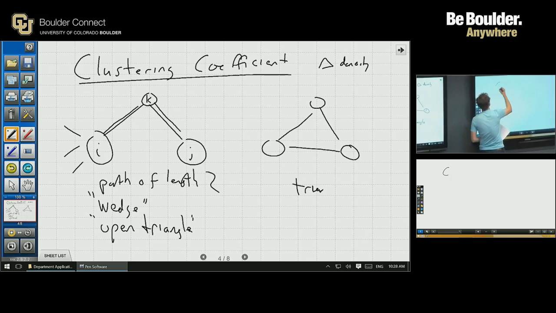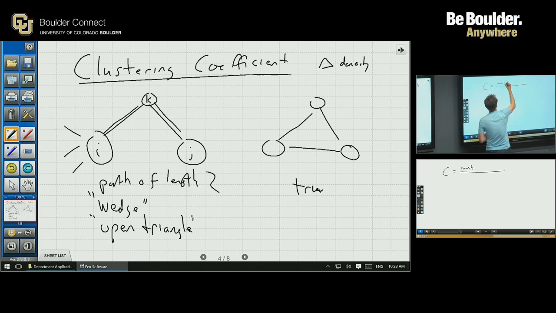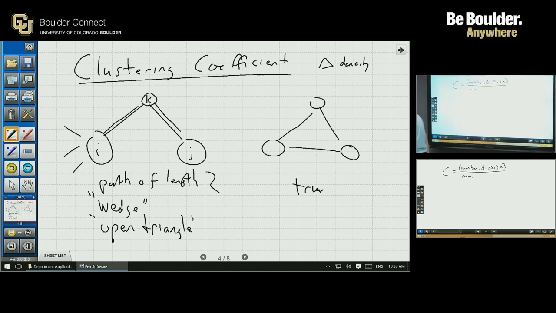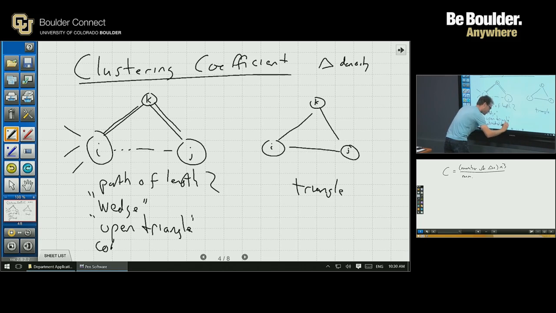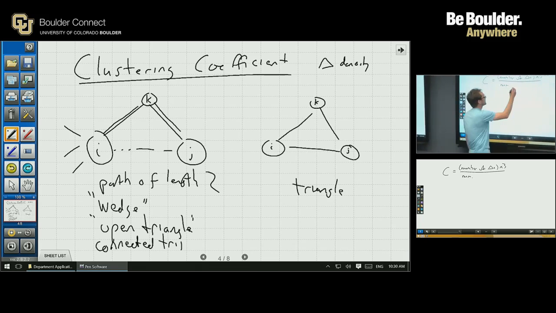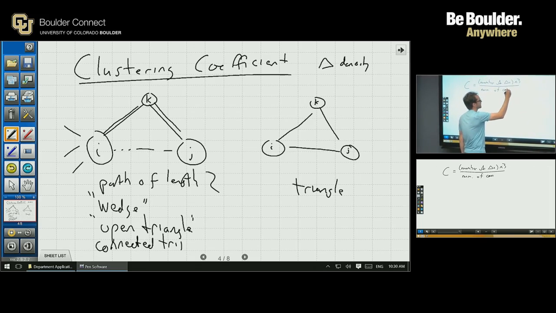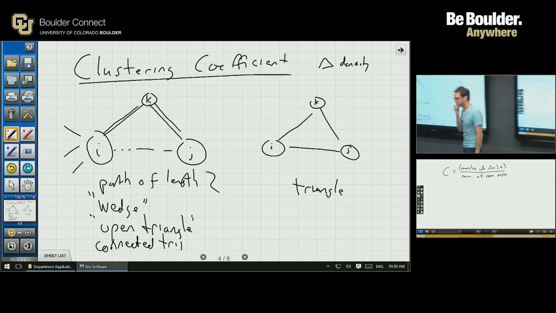This is the clustering coefficient C, which is the number of triangles times 3 divided by the number of, oh, I forgot one, connected triples. Number of connected triples. So why is there a factor of 3 on top?